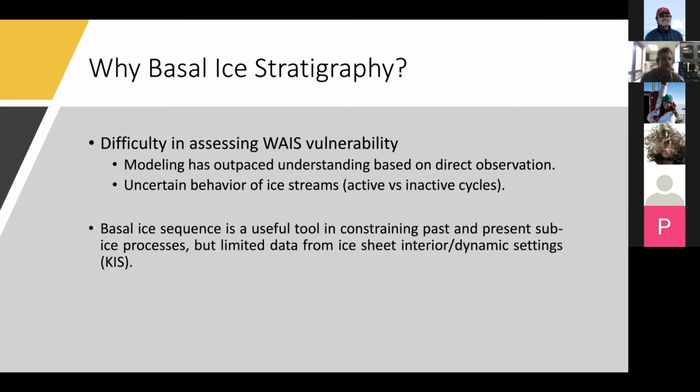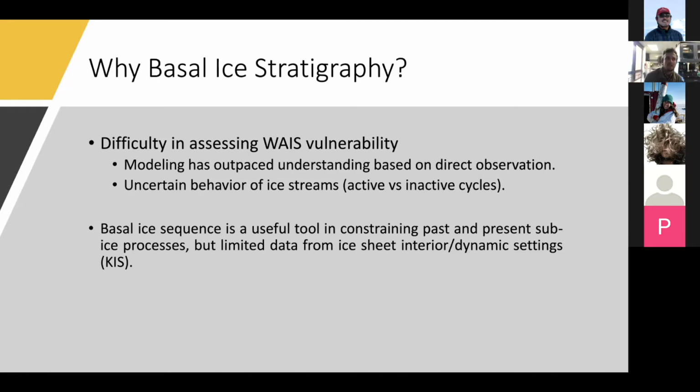Broadly, modeling has outpaced understanding based on the direct observation of basal conditions. Since the basal ice properties reflect the conditions in which they formed, we can use these characteristics to constrain local processes that range on different temporal scales. The uncertain behavior of ice streams also leads to uncertainty in predicting mass balance changes, this being the active versus inactive cyclicity.